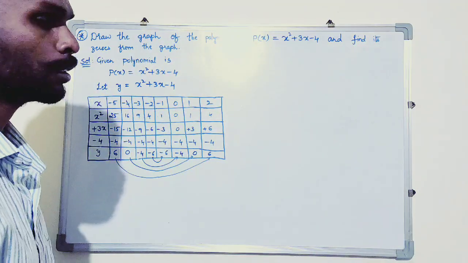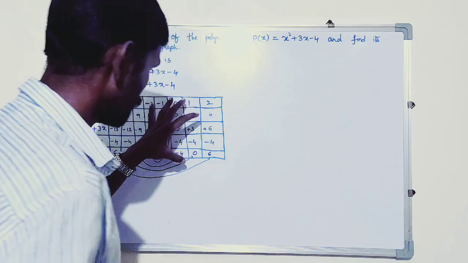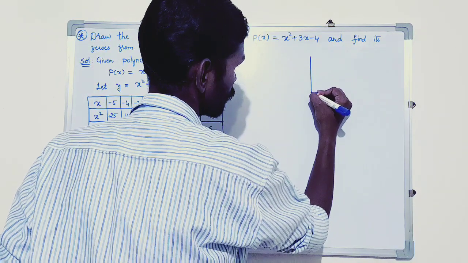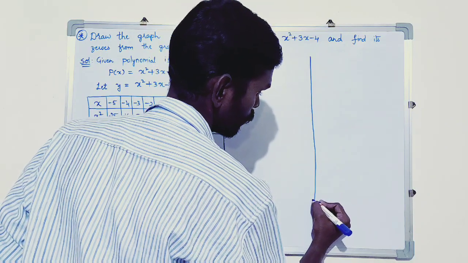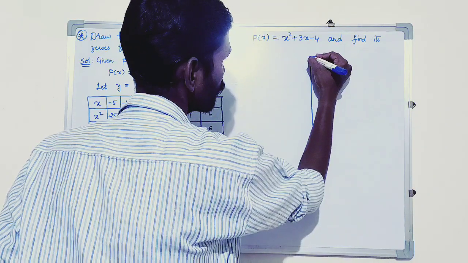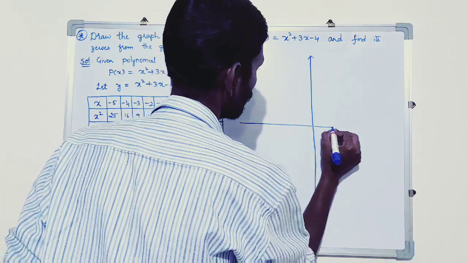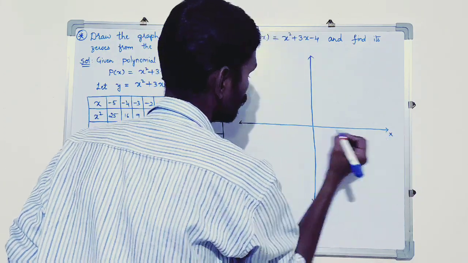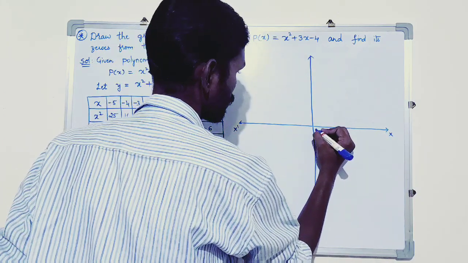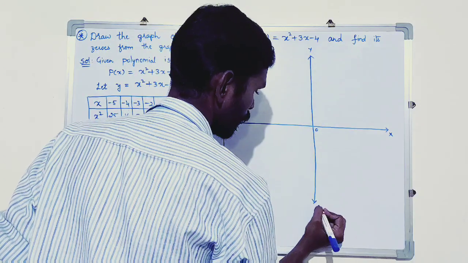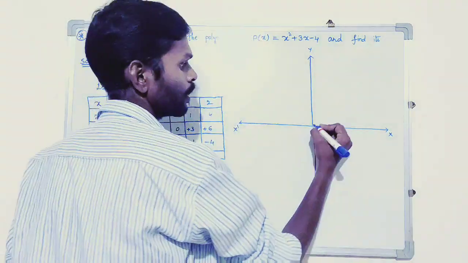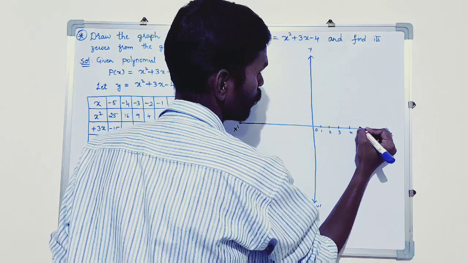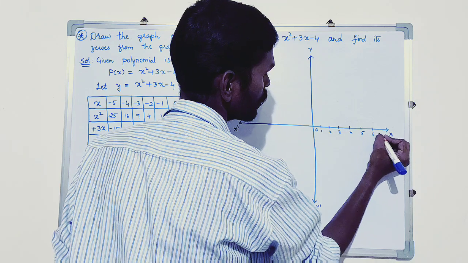Now we will discuss the graph. These are the table of values. Now how to draw the graph. You all know how to draw a graph, right? This is the x-axis, x dash, y dash, y-axis. Take out the numbers: 1, 2, 3, 4, 5, 6, 7.